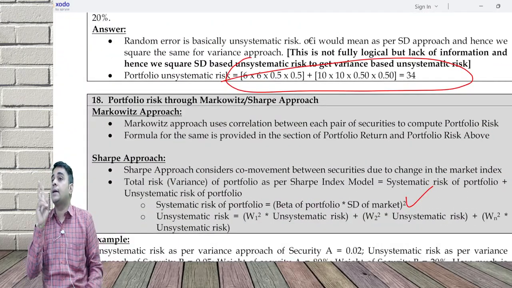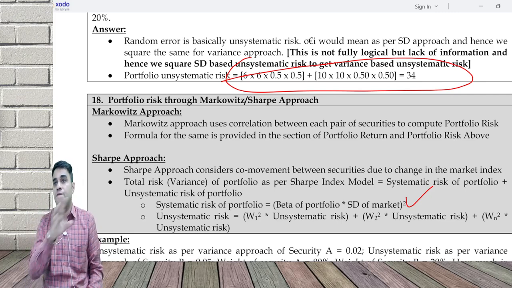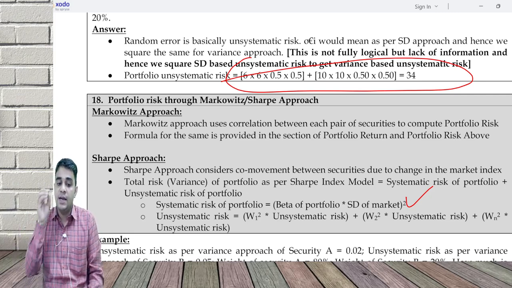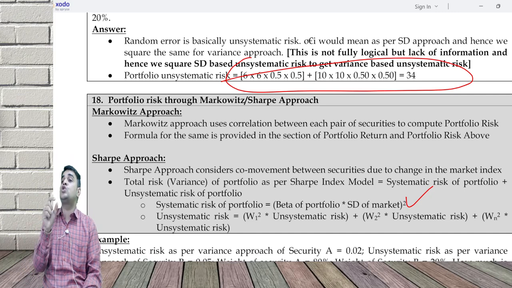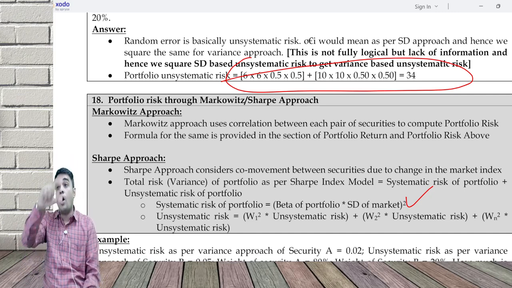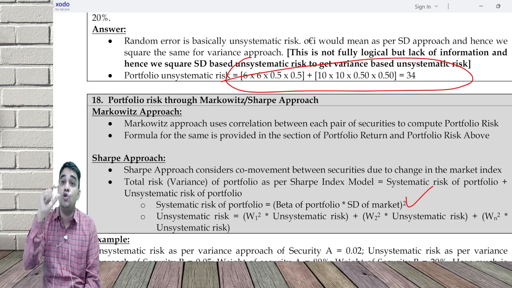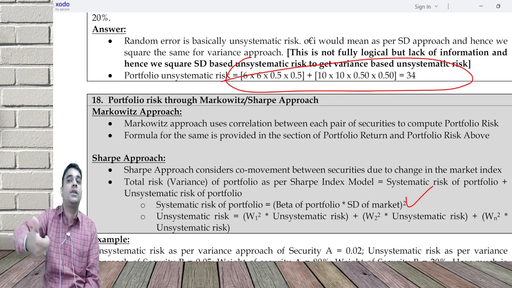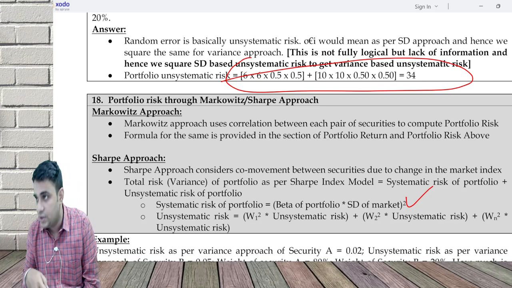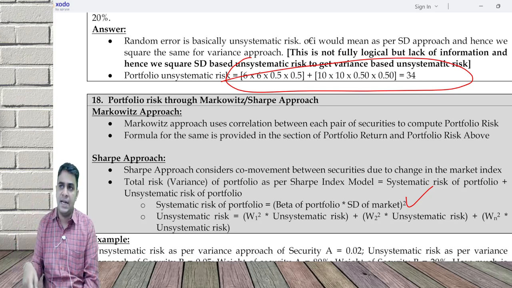There are 2 ways of calculating your portfolio risk. Markowitz, which is (A plus B plus C) the whole square. This is also called using the pair of correlations and calculating. Another one, using co-movements of the security with the market, is called Sharpe, which is equal to systematic plus unsystematic.